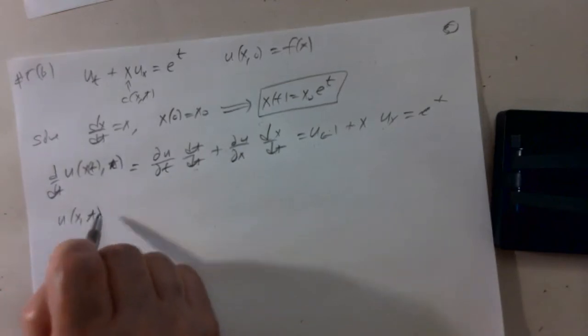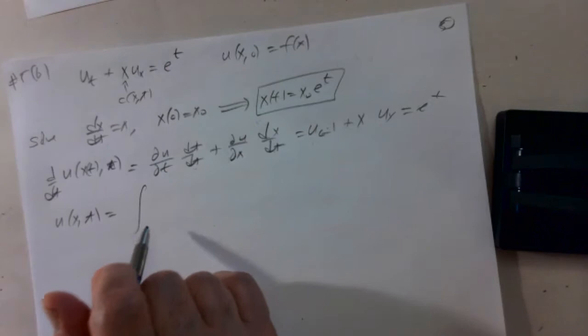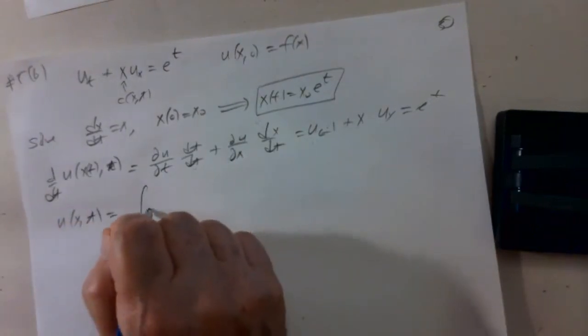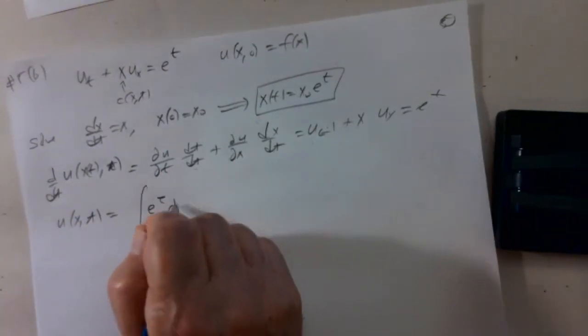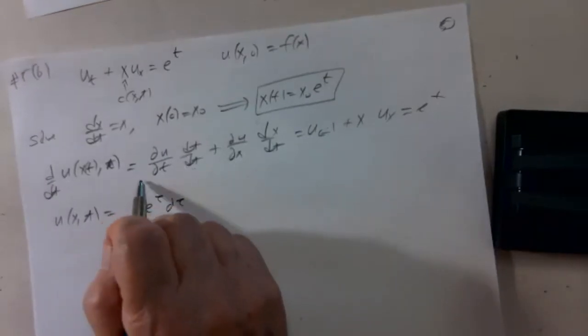So u of x, t is the integral of e to the tau, d tau from 0 to t, right?